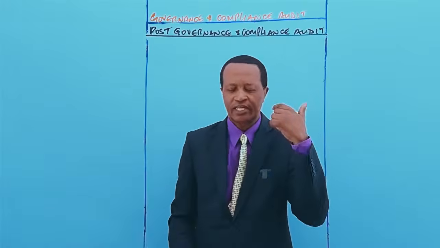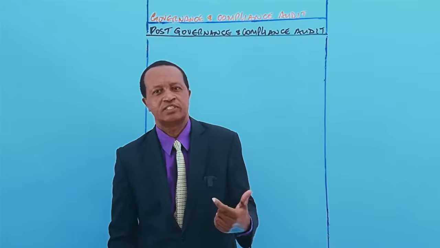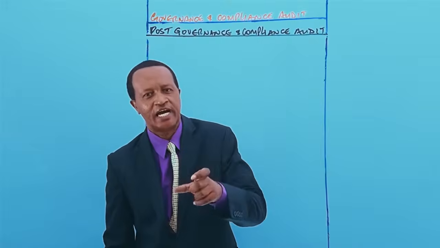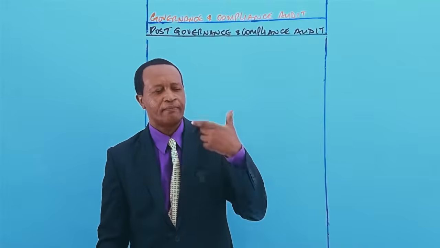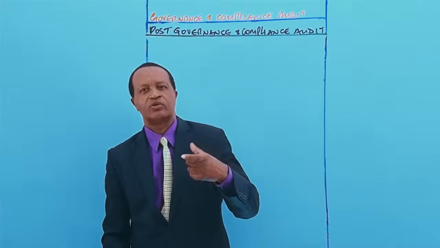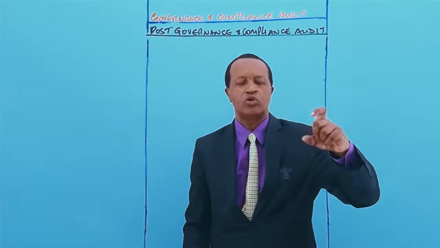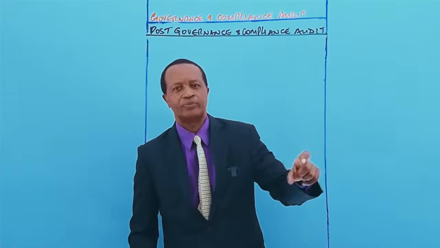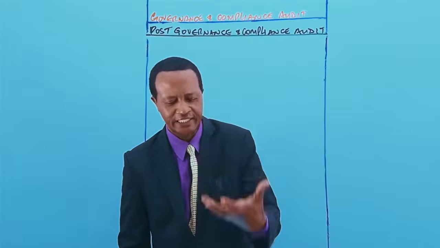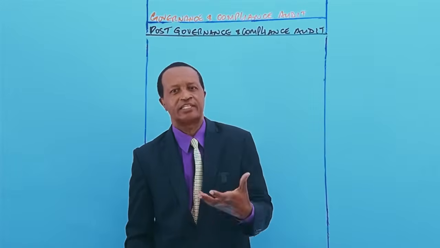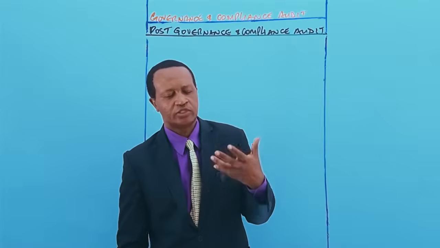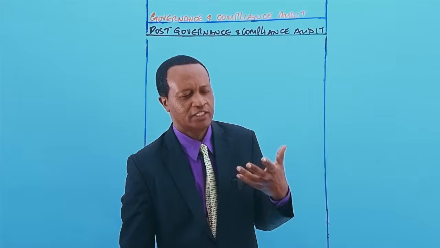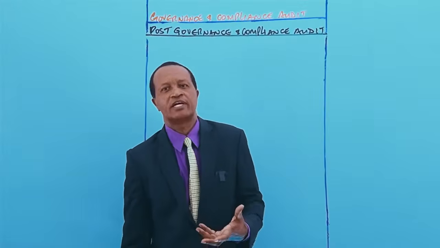So in a governance and compliance audit, subsequent events are evaluated based on their impact on the audit's maturity score and the overall opinion on the organization's adherence to standards like the Institute of Certified Secretaries of Kenya governance standards.